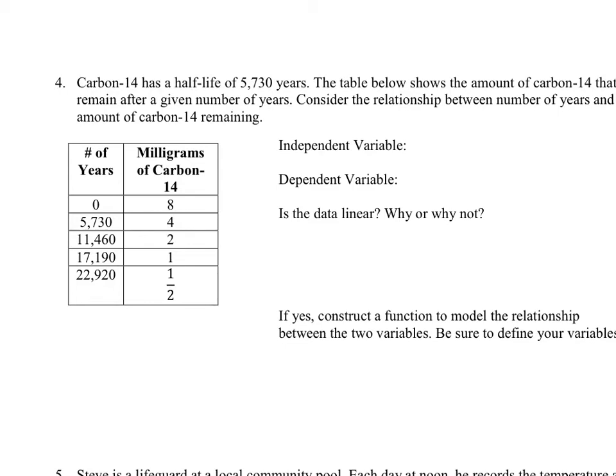And, of course, how many milligrams of carbon-14 will depend on how many years have passed. So we got milligrams of carbon-14, and the independent then will be the time in years.